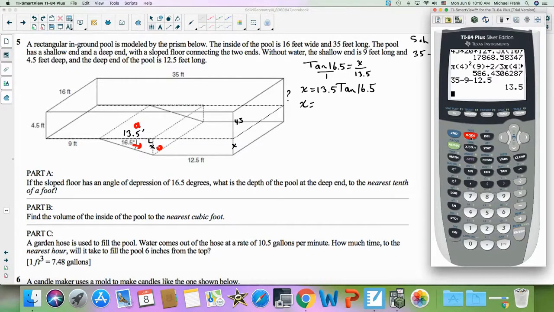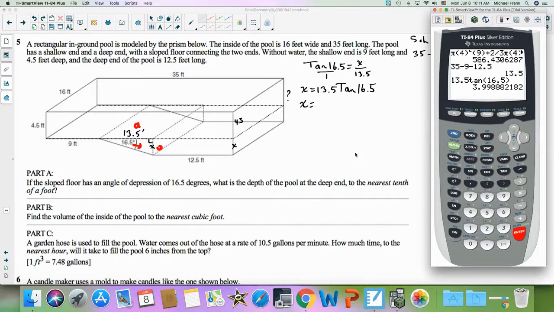Oh, remember, calculators have to get switched into degrees when we're doing trig. All right, let's get that done. And I'm going to have 13.5 tan 16.5.